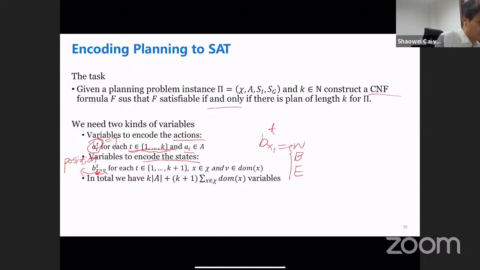And if we limit the plan to length K, then we need to consider T from 1 to K plus 1. This K plus 1 is because when we take K actions, we actually come to the time of K plus 1. Now in total, we have so many variables.